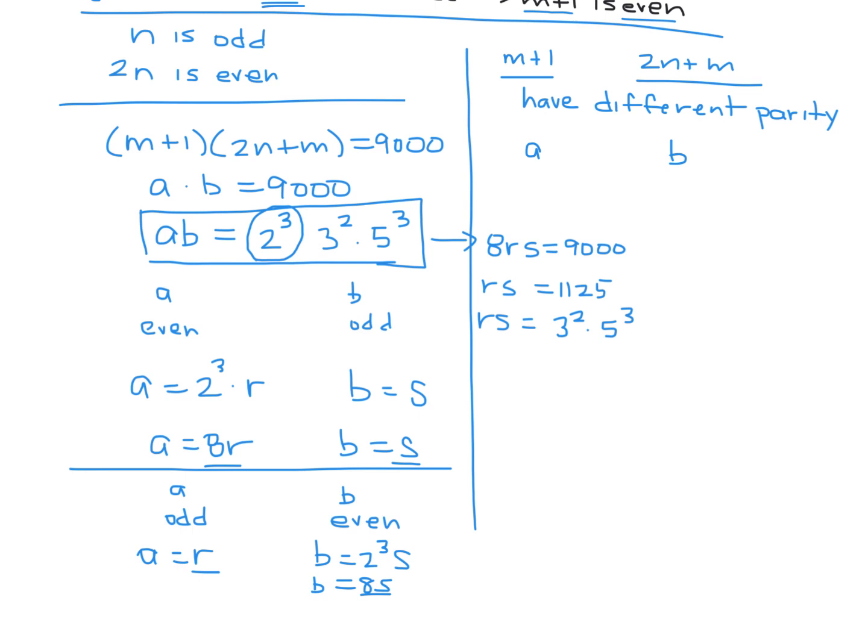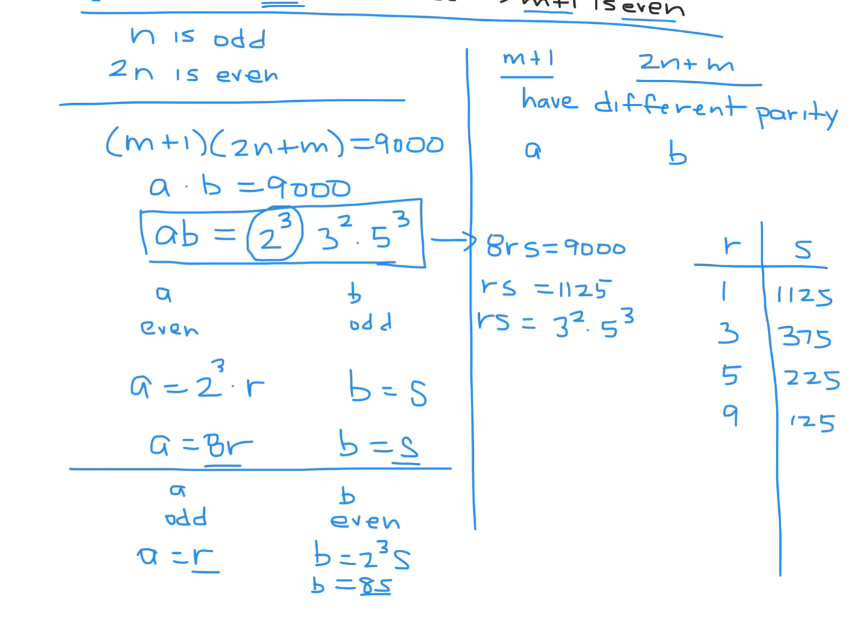So now if we make a list of r and s, you'll see that there's far less choices. So the first is 1 and 1125, 3 and 375, 5 and 225, 9 and 125, 15 and 75, and 25 and 45.